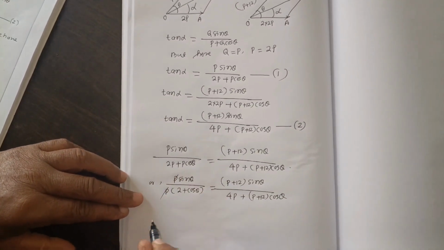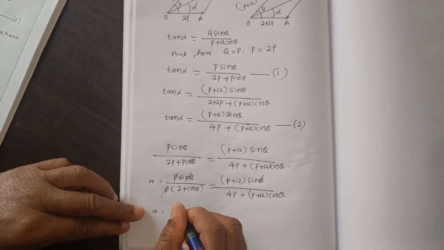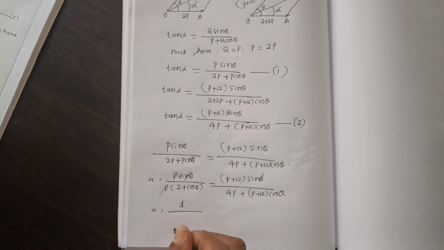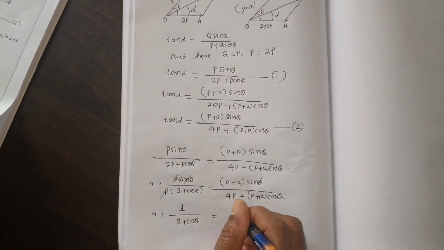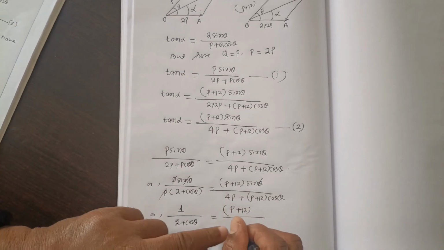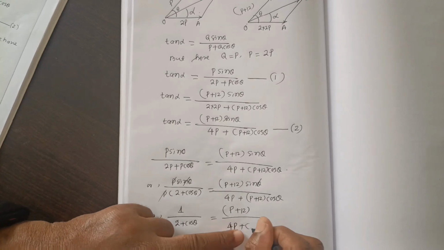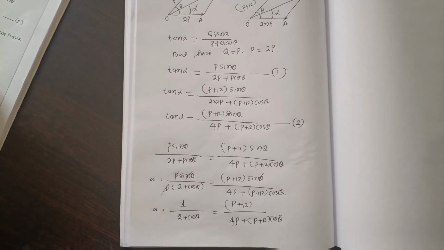Here P cancel, sin theta cancel. Then this equation becomes 1 plus 2 plus cos theta is equal to P plus 12 by 4P plus P plus 12 cos theta.